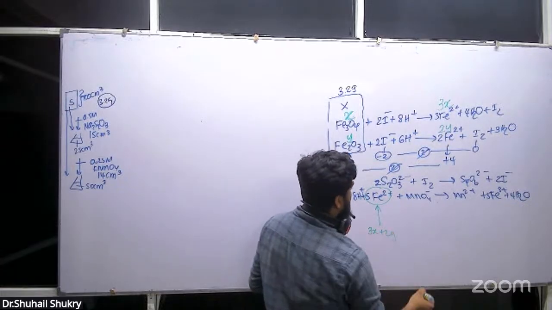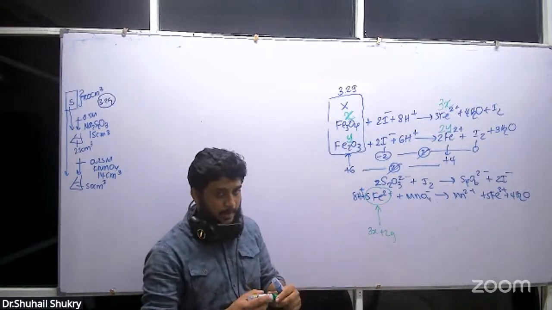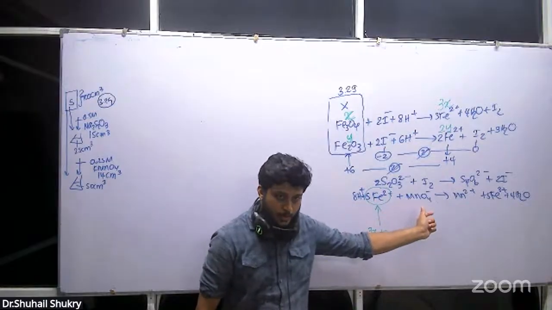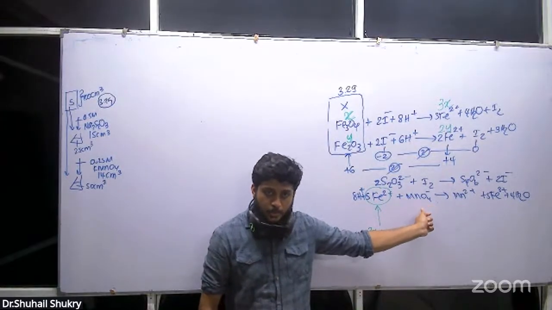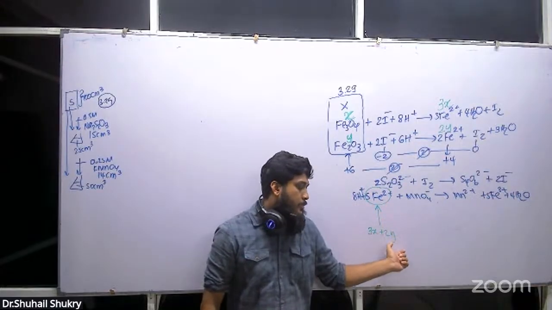Then I can find the Fe2+ moles, that is, I can find the MnO4- moles. Using MnO4- moles, I can find the total Fe2+ moles. Whatever the total Fe2+ moles, that is equal to 3x plus 2y.